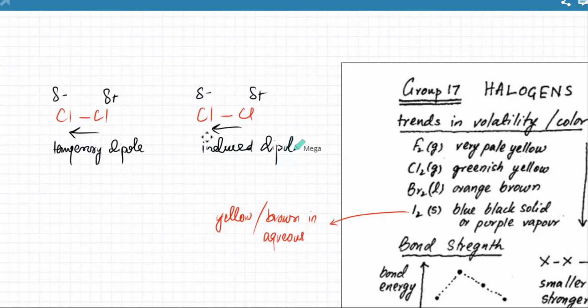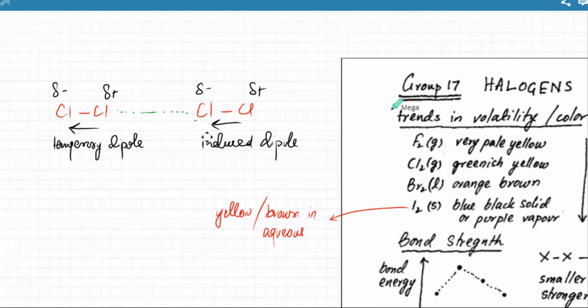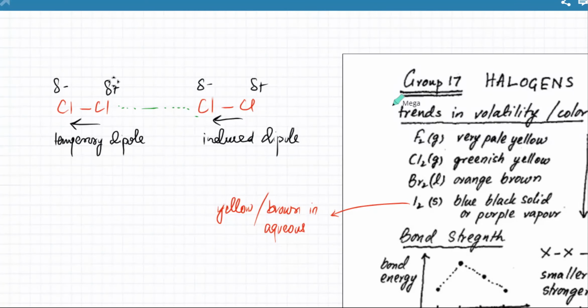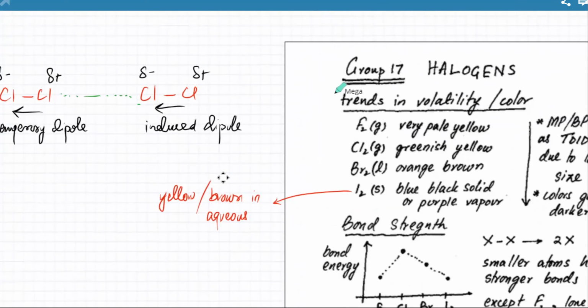So that is van der Waals forces. The two dipoles will attract each other. The positive side of this molecule will attract the negative side of this other chlorine molecule. So they're going to have a lot of van der Waals forces. And that's the only force that these molecules will have.